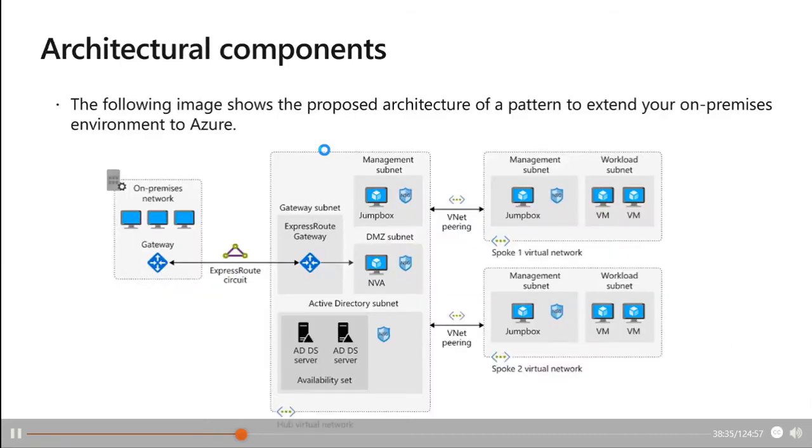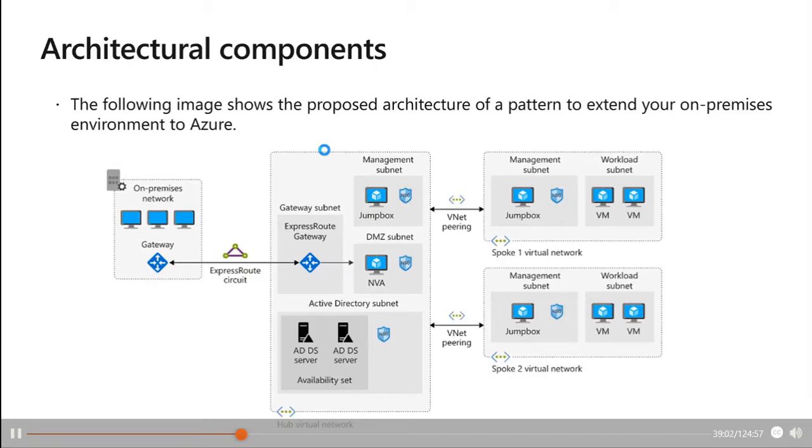So in terms of architectural components, you see here this diagram where I have an on-prem network, and this hub network where I have a management subnet with jump boxes. I could also use Azure Bastion for this. I have a DMZ subnet where I can put some machines. I also have my Active Directory subnet.